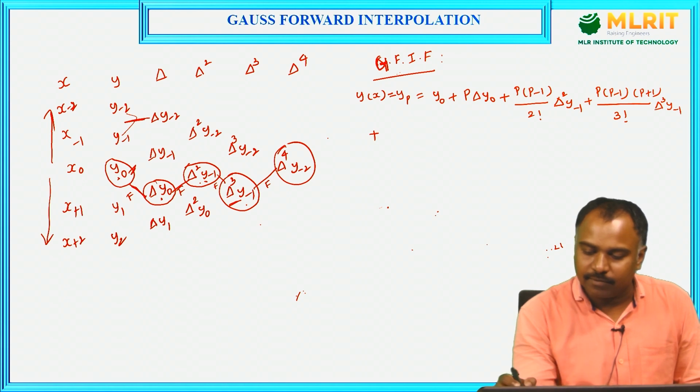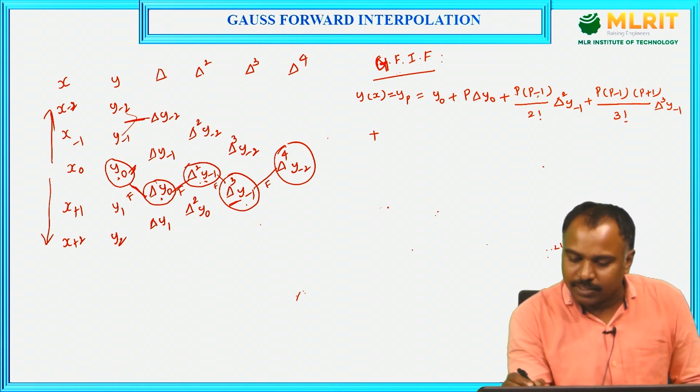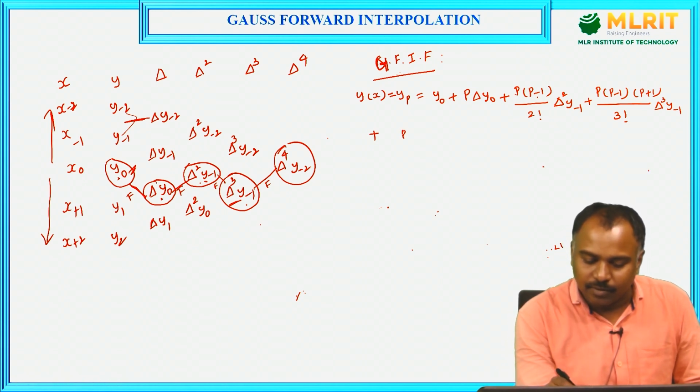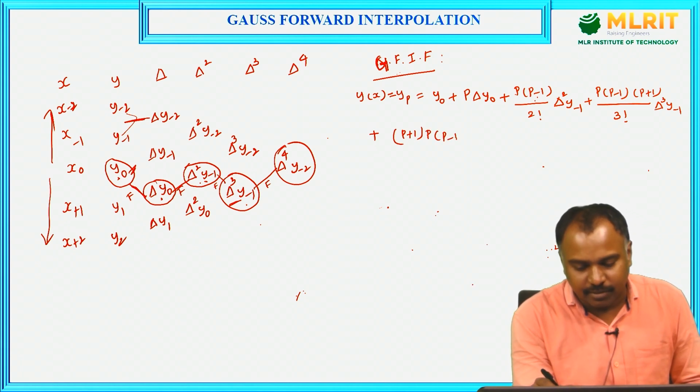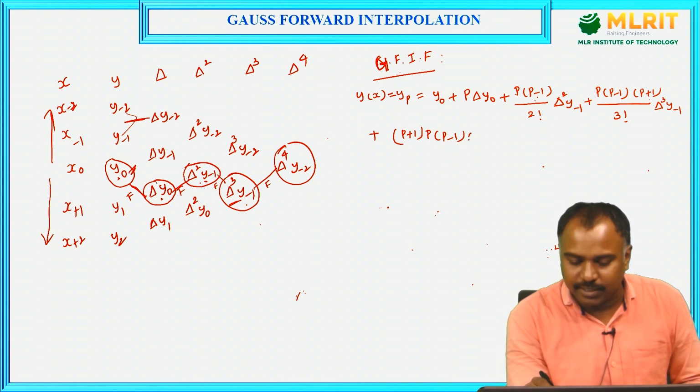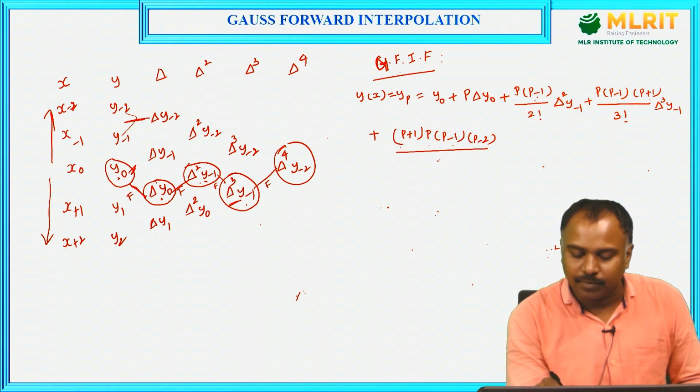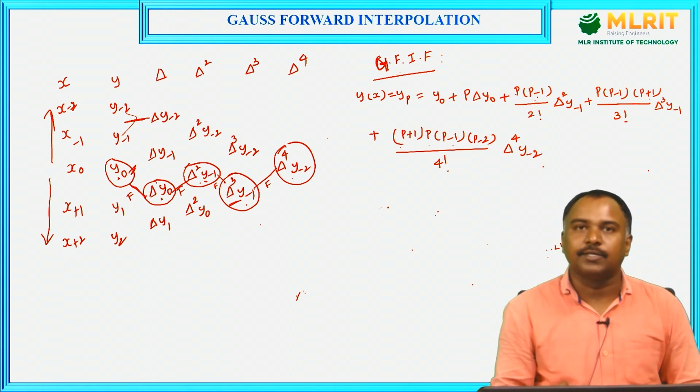Similarly, previously p into p minus 1, and p plus 1 is increased. So one is a negative side increment, the next one is a positive side increment. Previously it was a positive side increment, now a negative side increment. So p plus 1, p, p minus 1, p minus 2 by 4 factorial, and the fourth order is delta power 4 y minus 2.